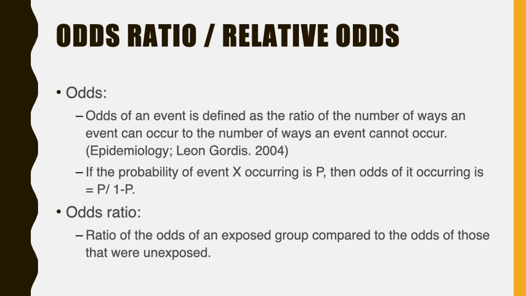If we think about it like this, let's say we have an event that we're just going to call X. If the probability of event X occurring is called P, then the odds of that event happening is defined as P divided by 1 minus P. Now, this leads us to calculating odds ratios. An odds ratio is the ratio of the odds of an exposed group compared to the odds of those that were unexposed.